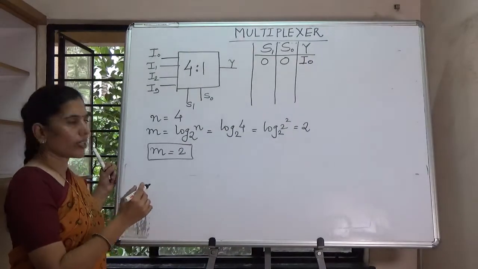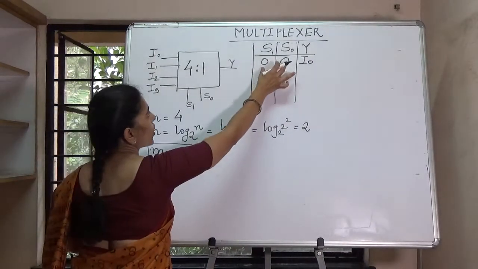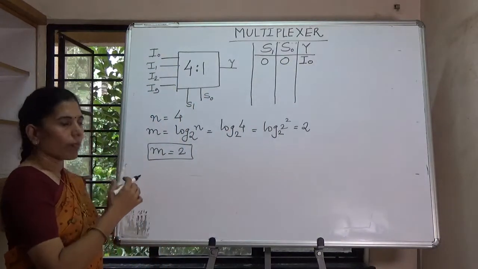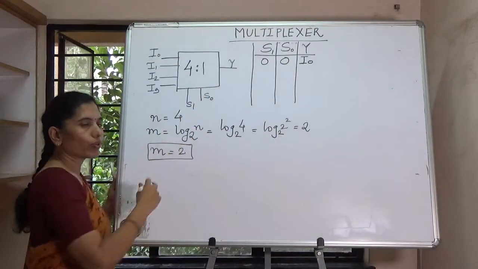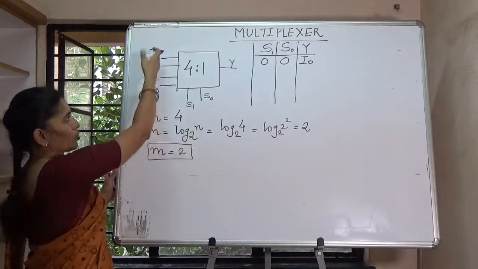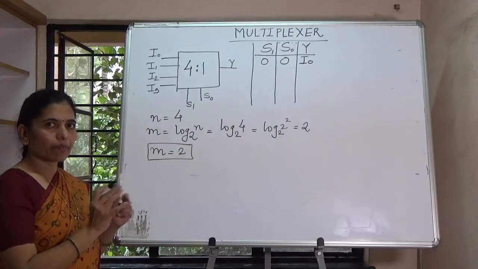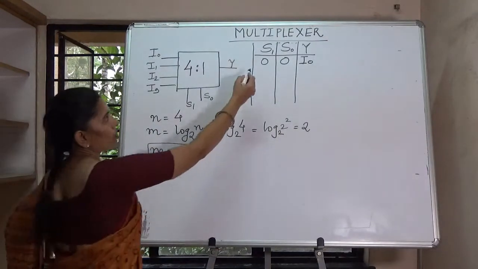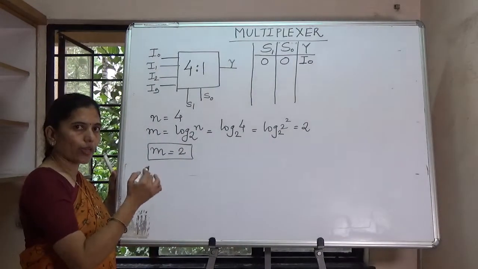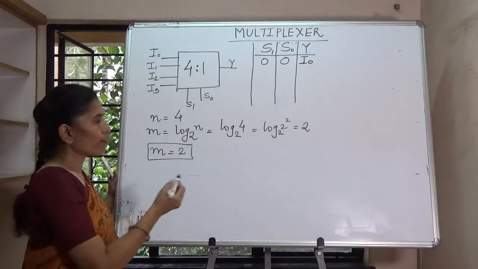We are making this assumption that for these two inputs at S1 and S0, I0 is being selected. But as we know, two select inputs can give four possible combinations. So these four can be assigned to any of these, but let us keep them simple. That is, a 0, 0 combination corresponds to the I0 line, a 0, 1 corresponds to the I1 line, so that it becomes easy for remembering.